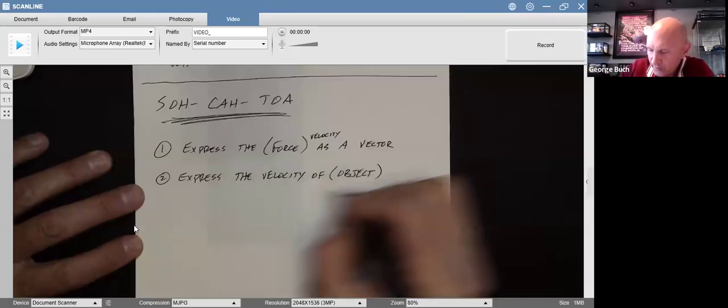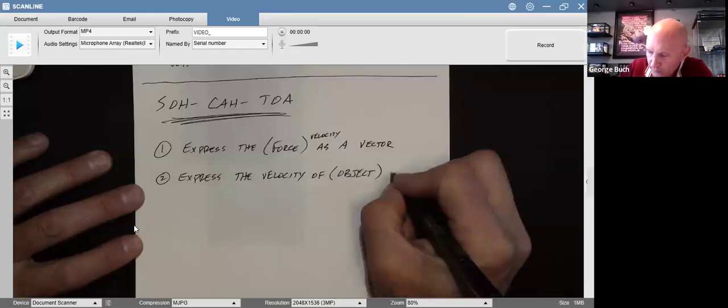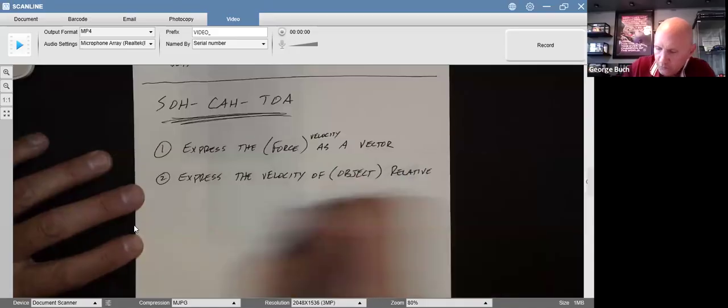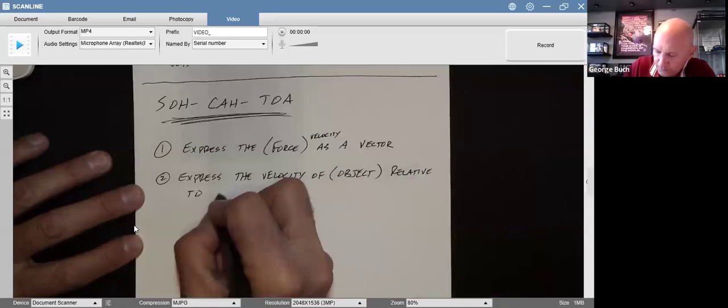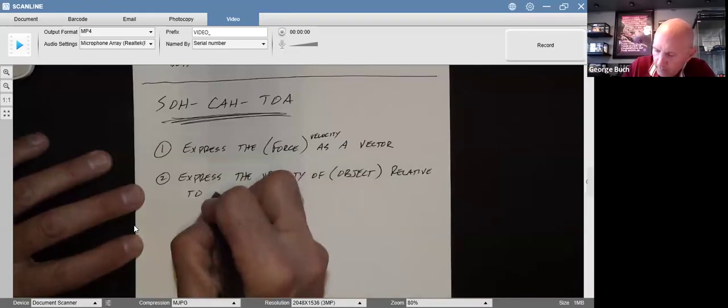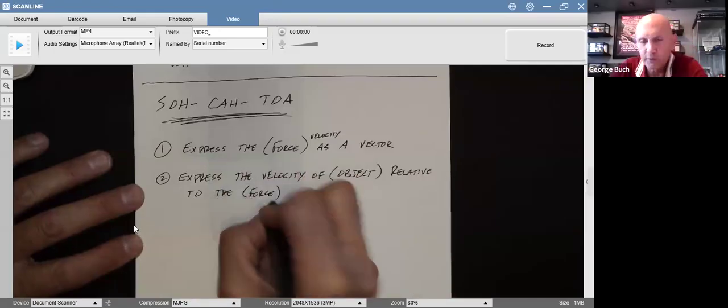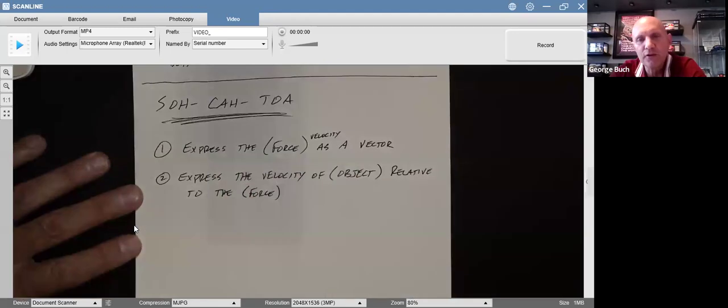Express velocity of the object relative to the force. So express the velocity of the plane relative to the air. Express the velocity of the boat relative to the water, etc.